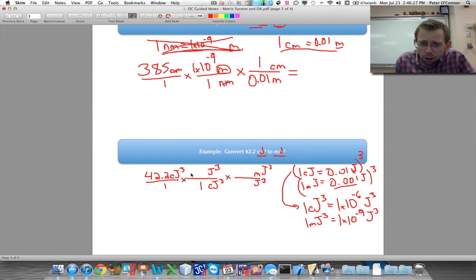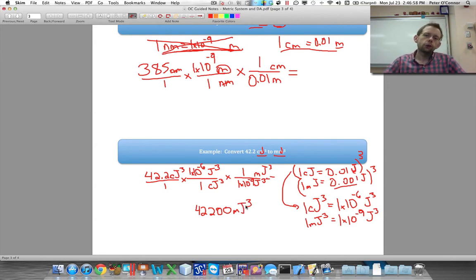So 1 times 10 to the negative 6th, and then 1 times 10 to the negative 9th. And this is going to be 1. And you plug and chug. Choo-choo! So that's going to be, what, 42,200 millijoule cubes.